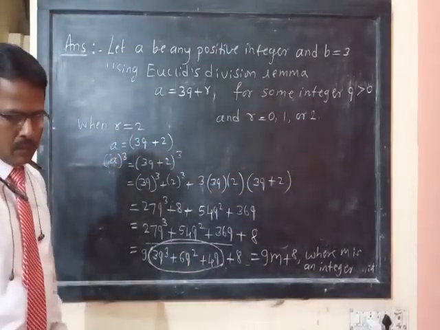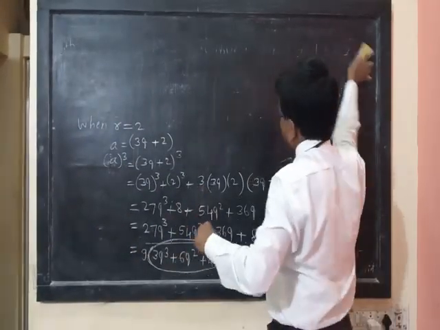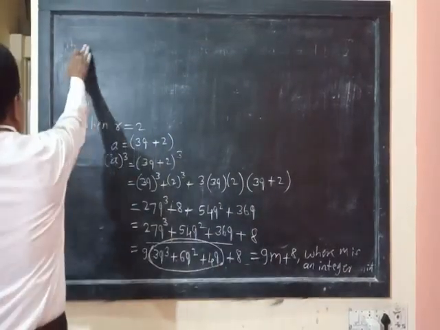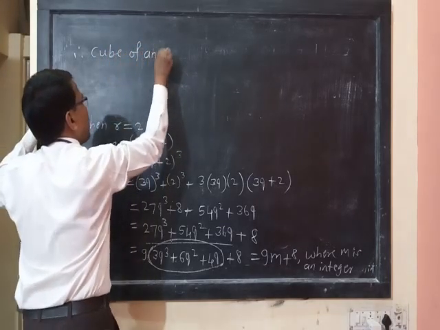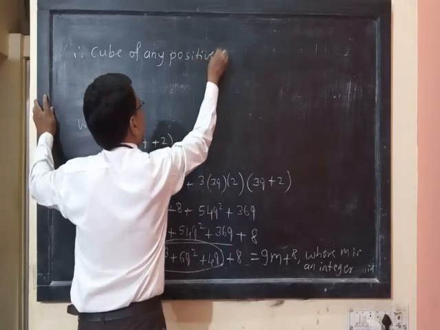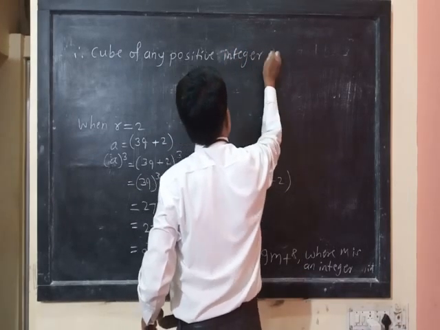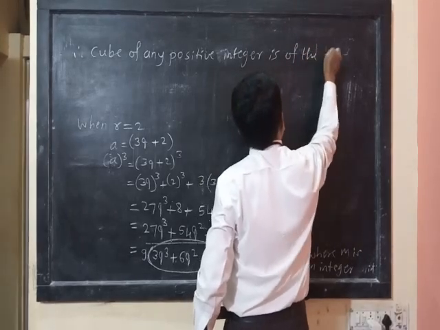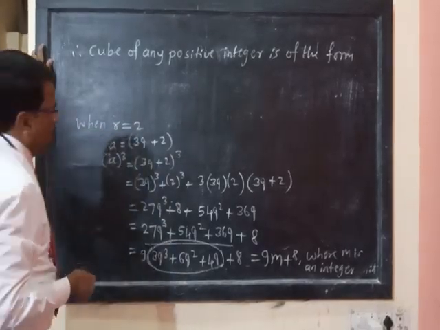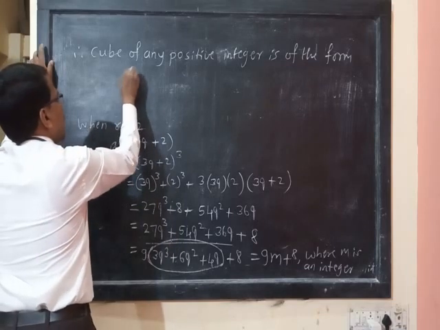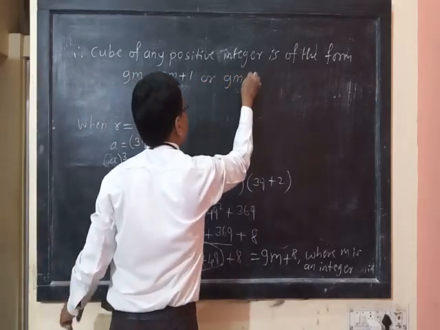Okay, therefore the cube of any positive integer is of the form 9m or 9m plus 1 or 9m plus 8.